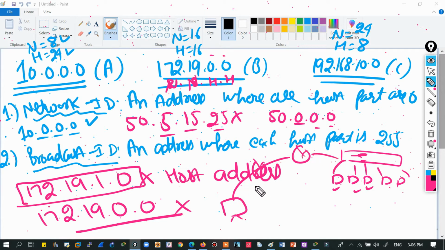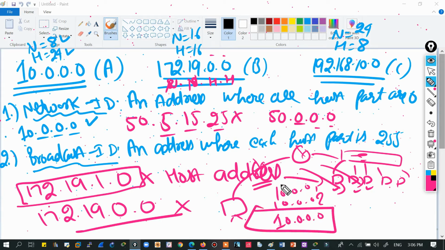We don't define a route for each of them, like a route for 10.1, a route for 10.2. No, we define a route for the complete network 10.0. So this address is used on these routers. That's why we do not use this network address on end devices, which are your PCs, servers, hosts, any IP phone or IP camera.